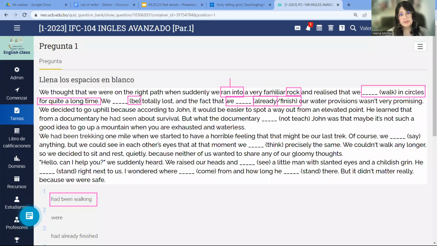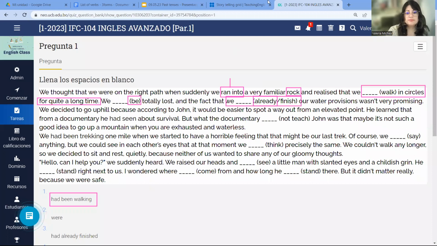We have already, first tip, and then we are not focusing on the duration of the action. Like we are not telling how long we took in order to finish our water provisions. We're just saying that they were over, so we had finished them, right? So that is the best option. Let me tell you again, when you have already, you usually use the perfect tenses. If you're not focusing on the duration of the actions, then you go for just the simple form.